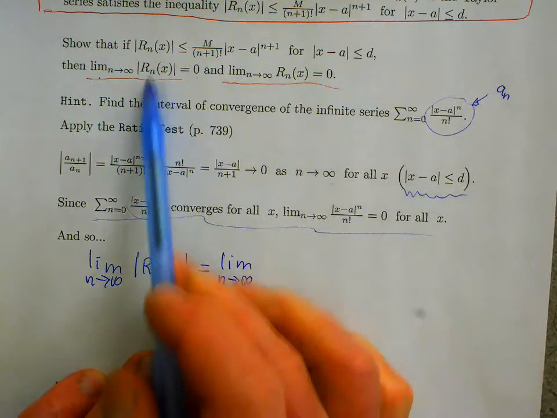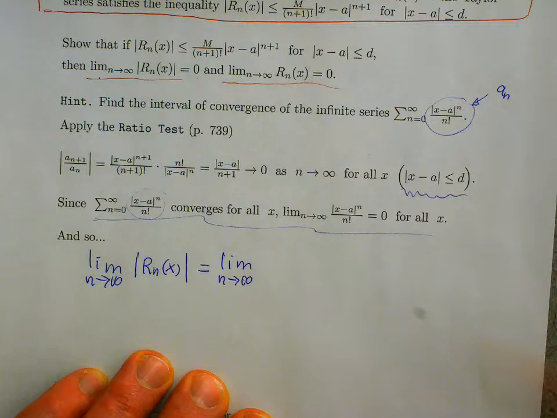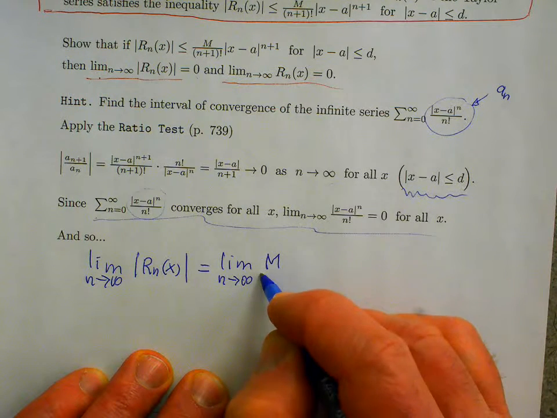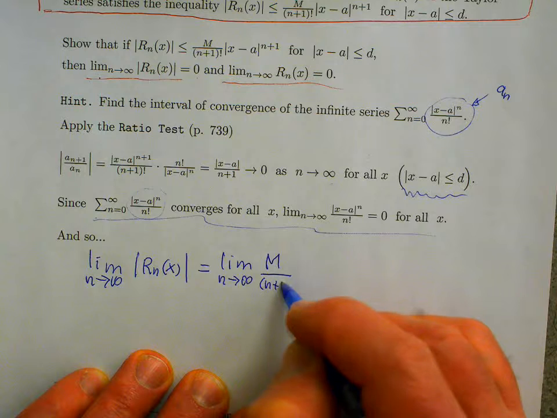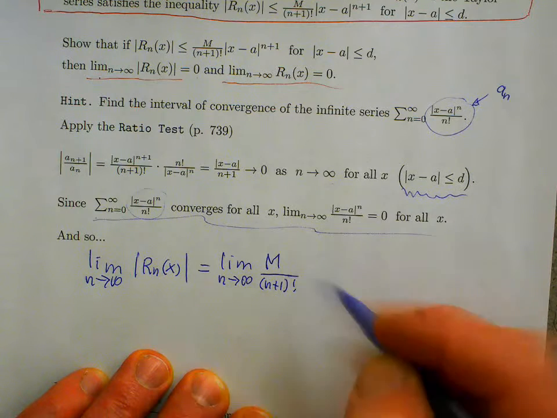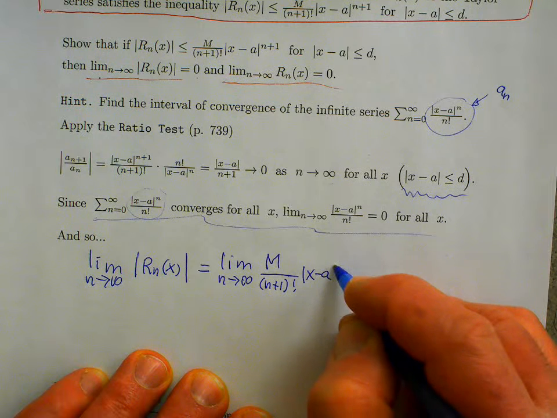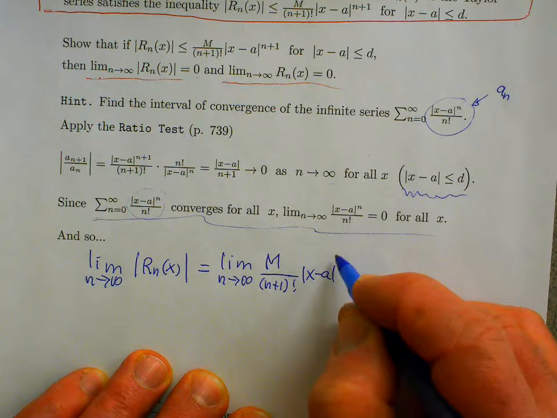So replace the absolute value of r sub n of x with M over n plus 1 factorial times the absolute value of x minus a to the n plus 1.